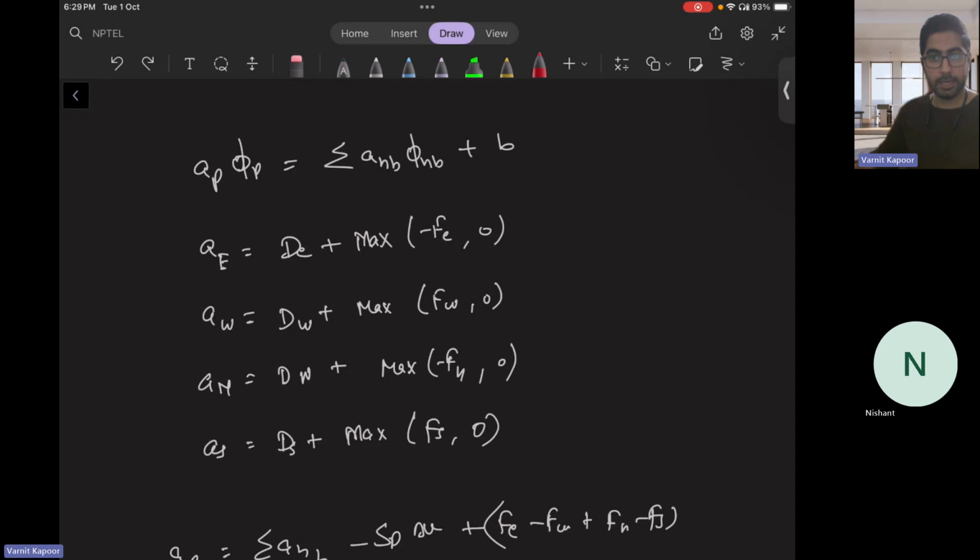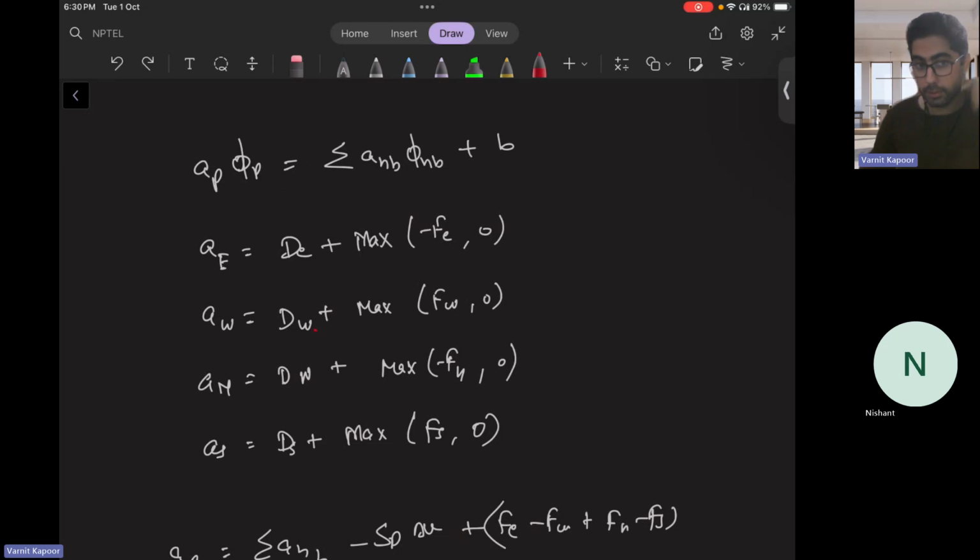What about the convection part? If Fe is negative, minus Fe will become positive. We have seen that if the effect of this comes in, it will cancel out; if it does not, it is 0 and the other is positive. So all the aNB's for each face will be positive.